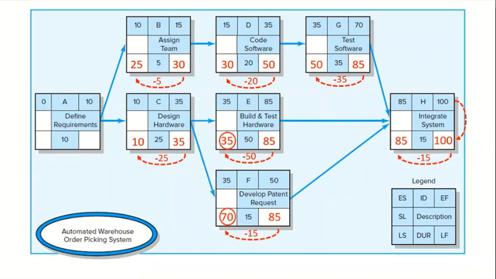Remember, it is also a burst activity. So the LF for activity A is the least value between the LS of B and C, and this is 10. Subtracting 10 days from it, we get the LS for A, 0. The backward pass is complete, and the latest activity times are known.